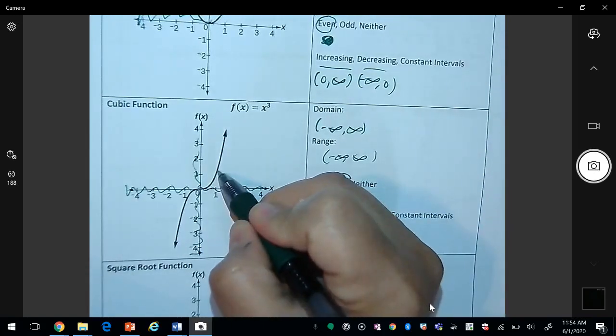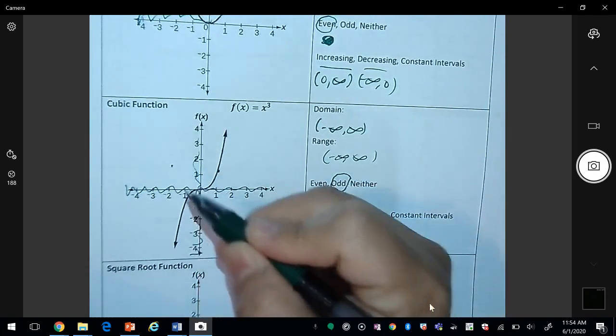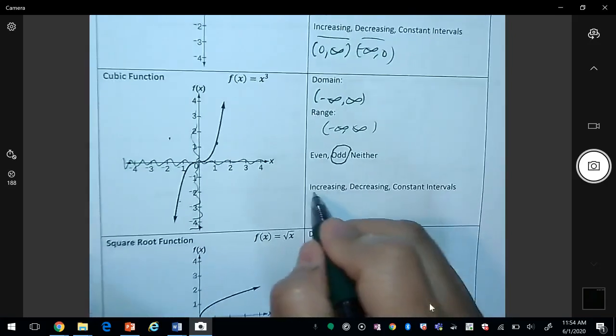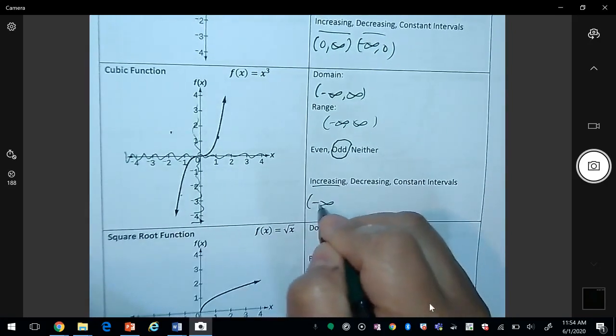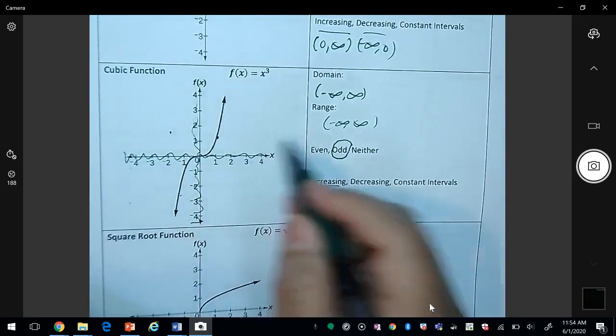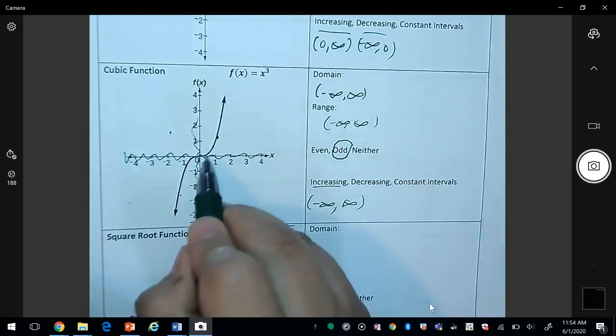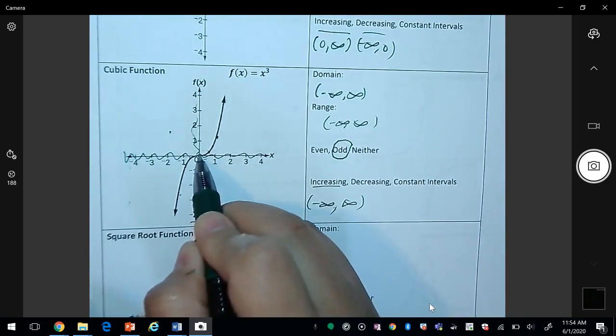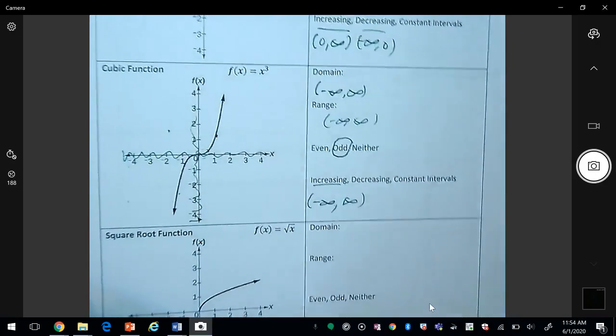If you fold on the y-axis, this will land on here, and then on the x-axis, it will land on here. This is increasing from negative infinity all the way to positive infinity. This part here looks like it might be constant, but if we zoom in, the graph actually keeps increasing.